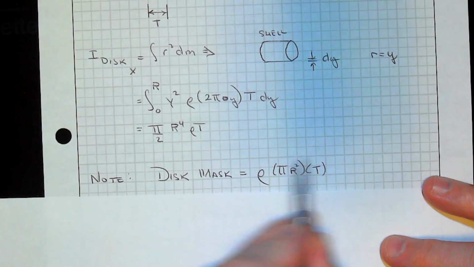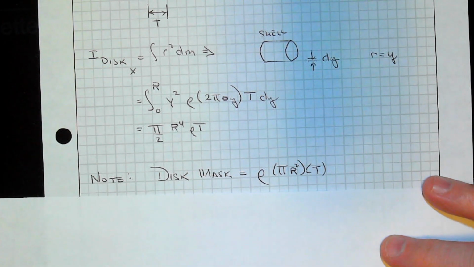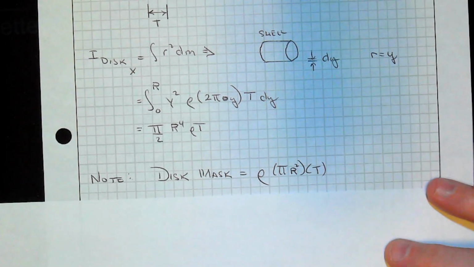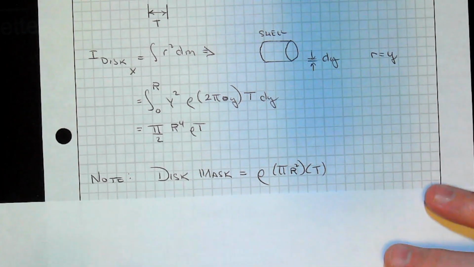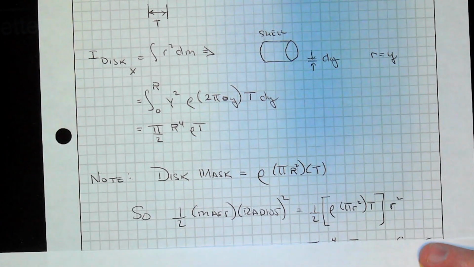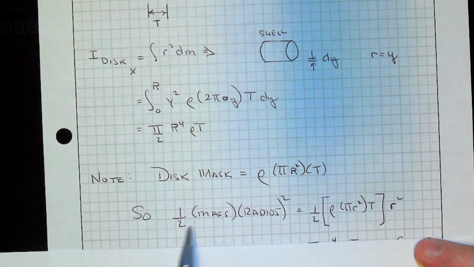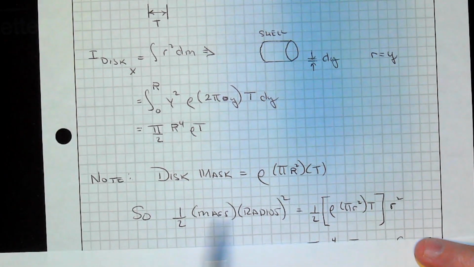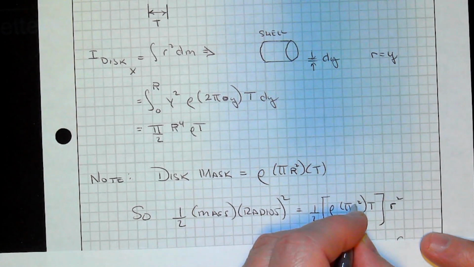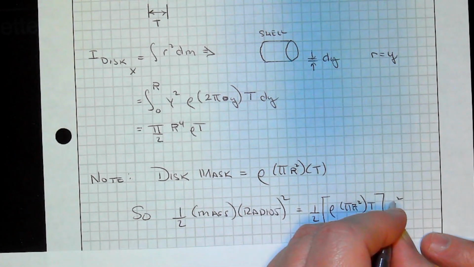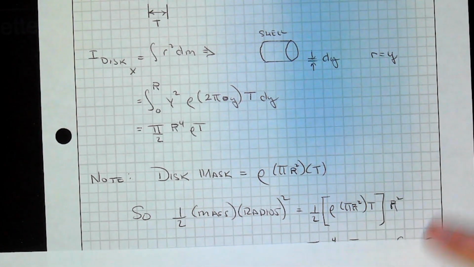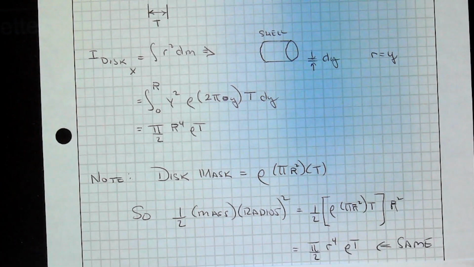Pi R squared times thickness is the volume, times density gives us mass. So if I stick this into here, 1/2 mass, that's the thing I just did, times radius squared. I'll make these big R's again. There. And we wind up with that. And they're the same.